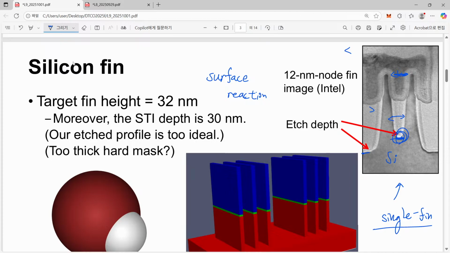If we have sufficient density of etchant, then the reaction can occur quite rapidly, and if the density is not high enough, then the etch rate will be reduced. That effect should be considered to get these different etch depths.